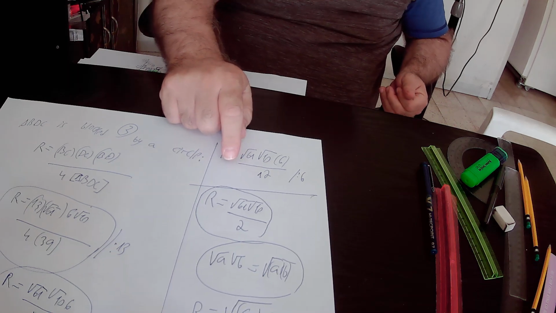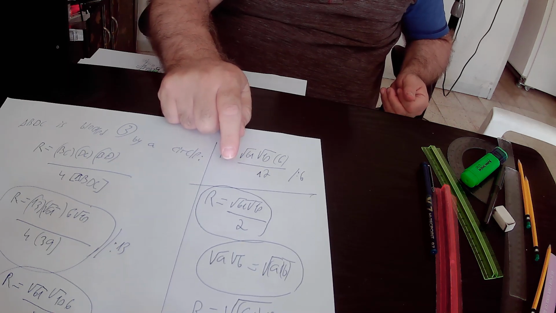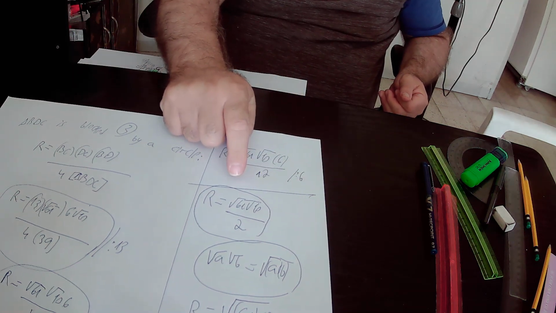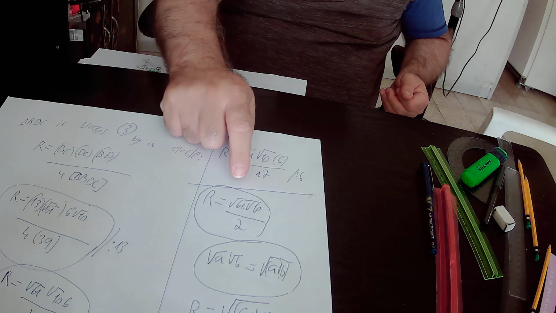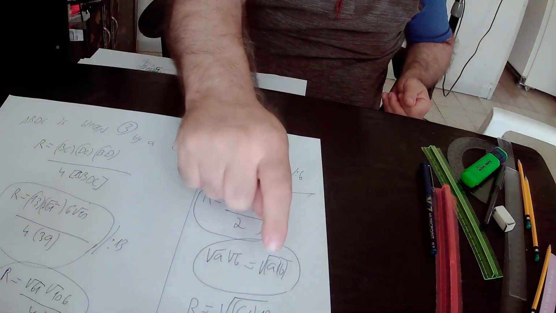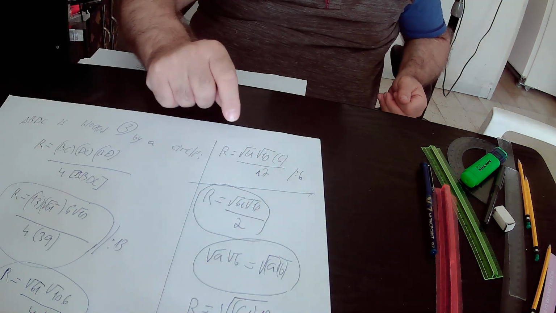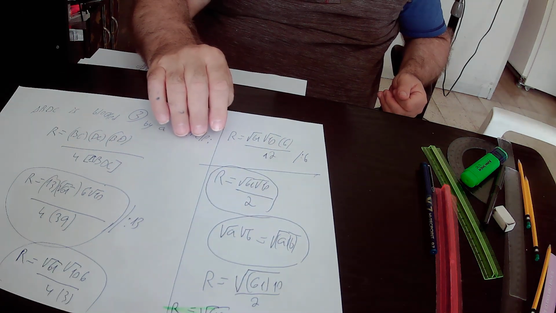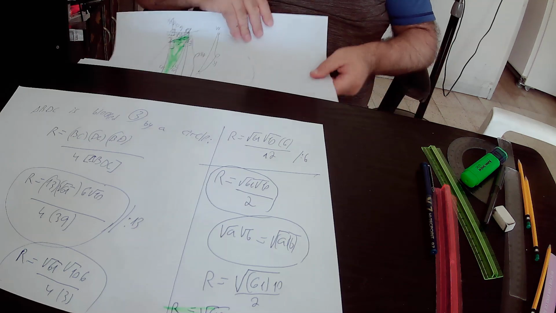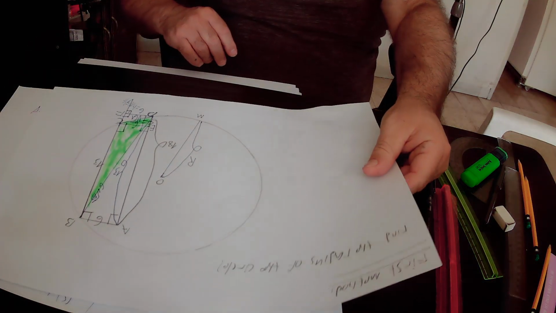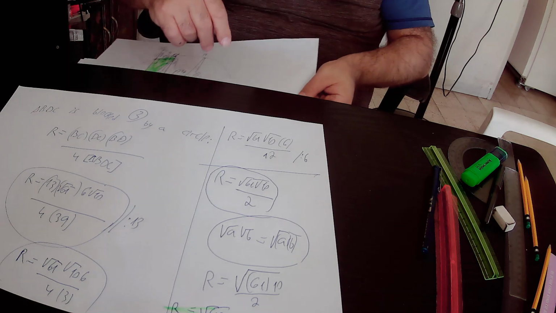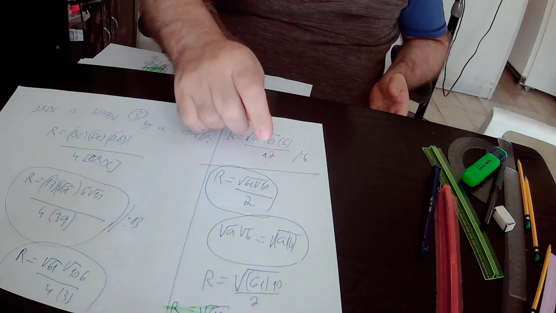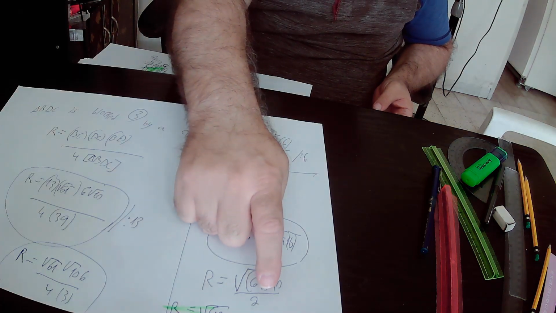According to the algebraic identity that the square root of a times the square root of b equals the square root of a times b, the square root of 61 times the square root of 10 equals the square root of 61 times 10, all divided by 2. 61 times 10 is 610, so in conclusion the radius of this circle is equal to the square root of 610 over 2 units. In terms of numbers, it is equal to 12.349 units.